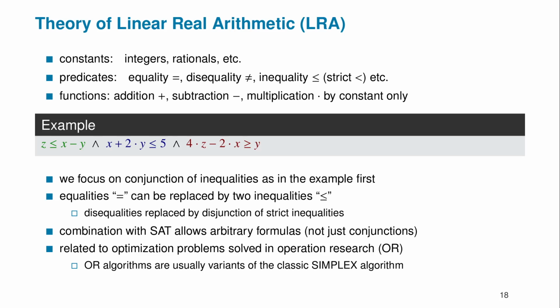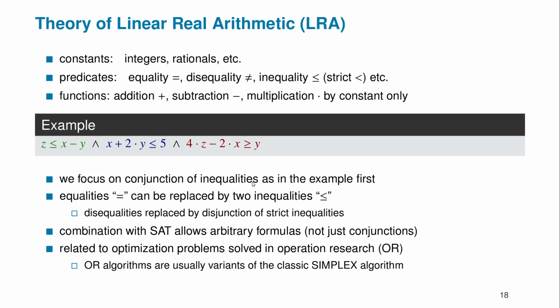But the multiplication is restricted in the sense that we can multiply by constants only, as we have it here, for example, because otherwise we would not have a linear real arithmetic, but just arithmetic.